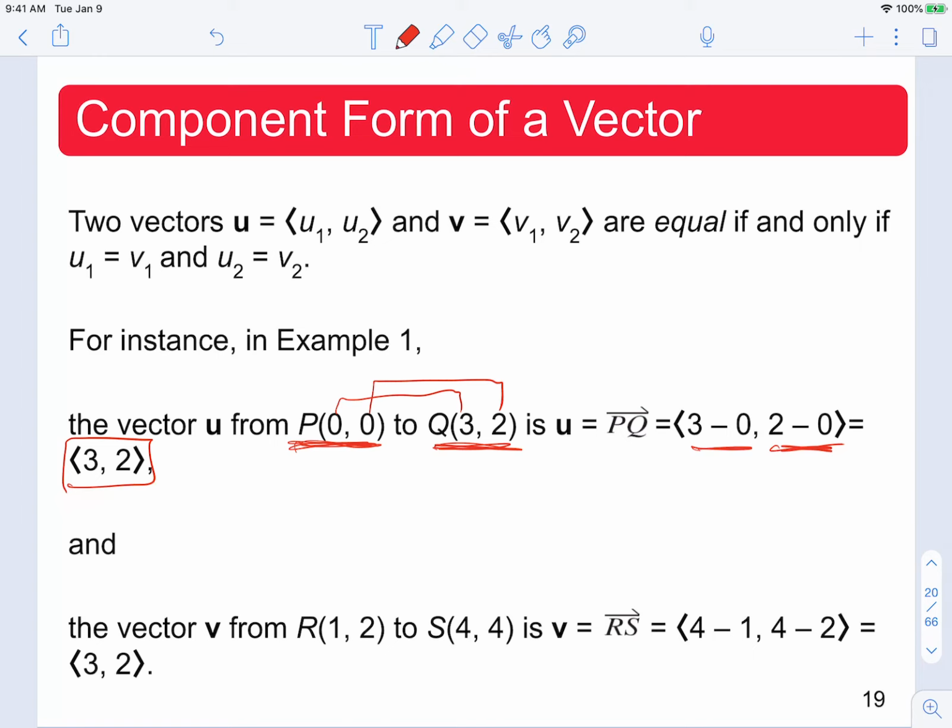Now, we had two vectors in example 1. The other vector was from R to S. Again, notice that if we take the difference in the x's and the difference in the y's, 4 minus 1 is 3, 4 minus 2 is 2. Notice that these are equivalent to each other.